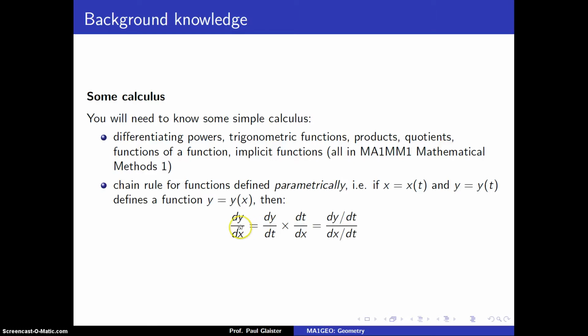So in particular we'll use the result that dy by dx is dy by dt divided by dx by dt quite a lot.